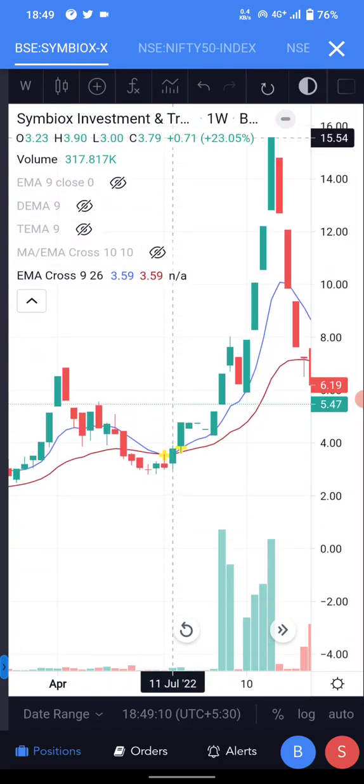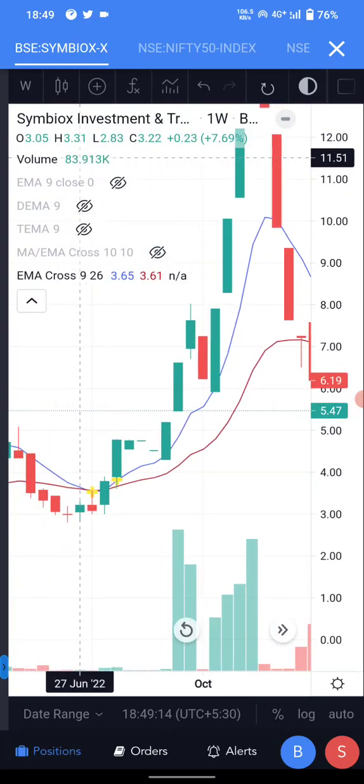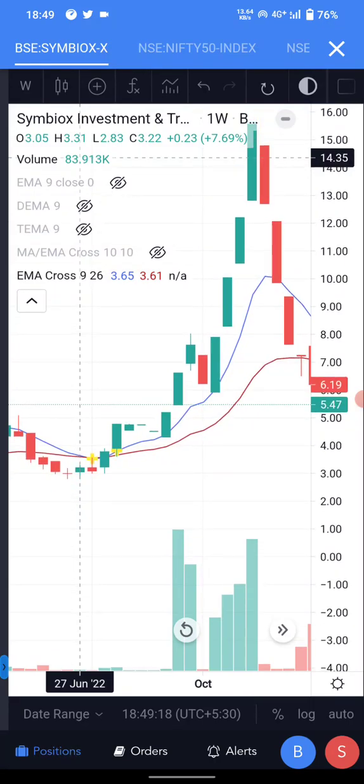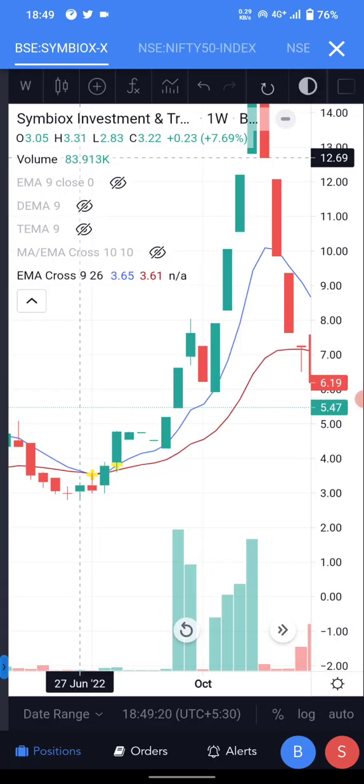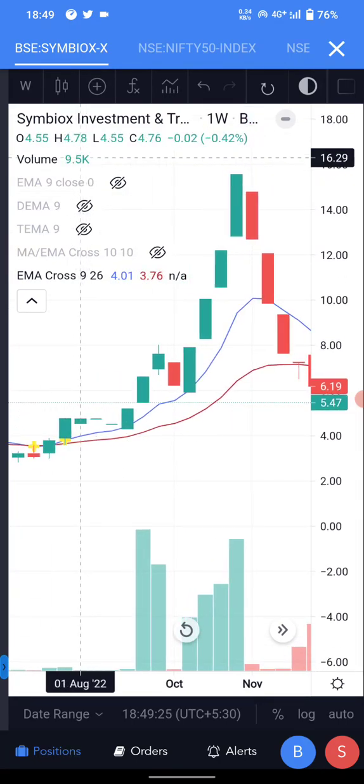Let me zoom. Okay, zoom. Yes, you can see, right? The neat buy position. We have just applied the strategy of EMA, and we got this.